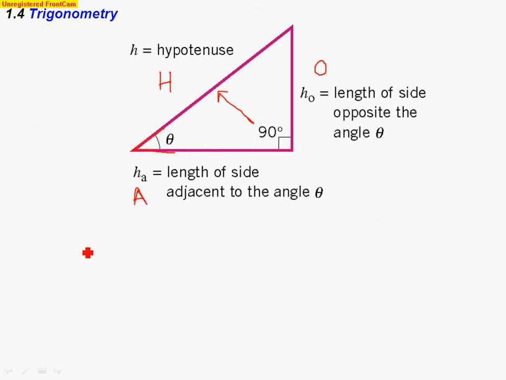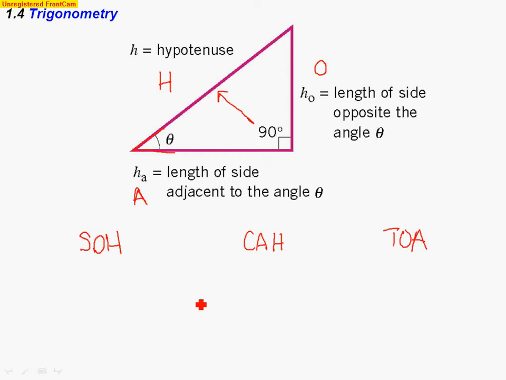Alright, so once you have these labeled, now we can talk about using some math equations. One thing that's fairly easy to remember is this little saying: SOH CAH TOA.